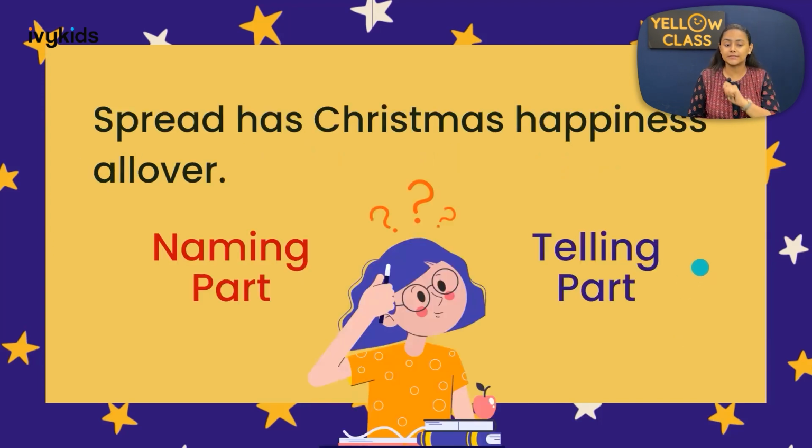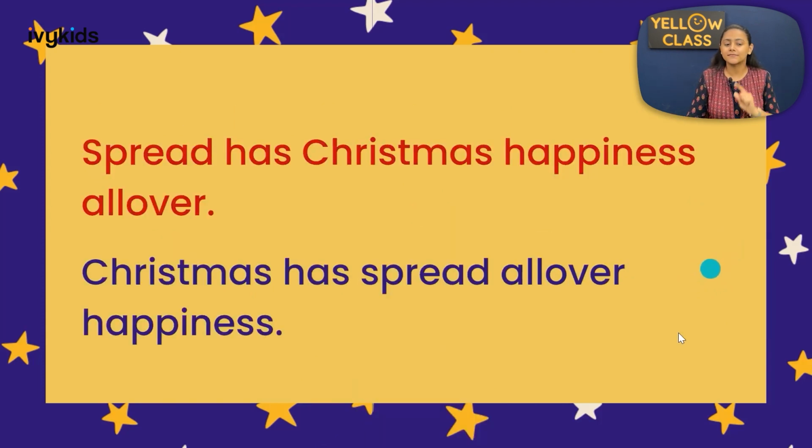Let's look at this one. So rather than saying spread has Christmas happiness all over, what we can say is, Christmas has spread happiness all over. Right? Now in this sentence, Christmas can be the naming part and the rest can be the telling part.